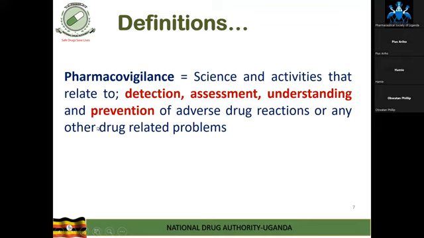The only way you can help them is by figuring out how to mitigate the issues. So the role of pharmacovigilance at NDA is to do those 4 things that are highlighted in red.